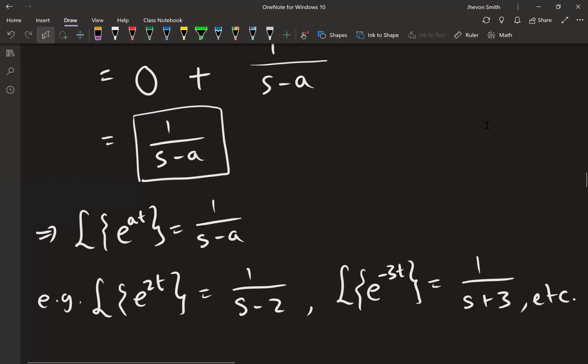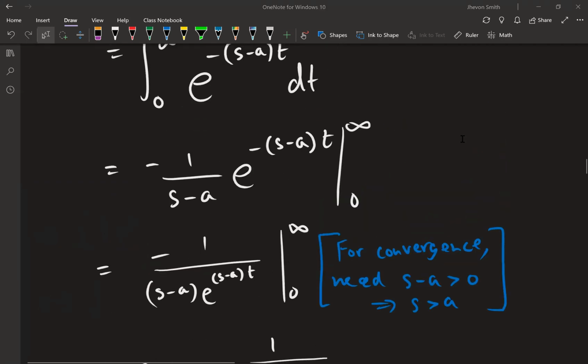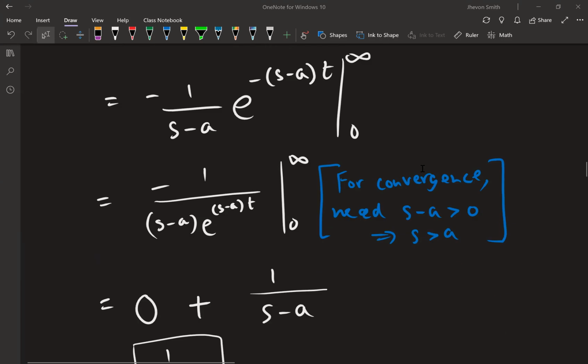I want s minus a to be strictly positive. If it's non-negative, this means I would include the possibility of it being 0, but then I would have to deal with the infinity times 0 scenario in the power of an exponential in the denominator of a fraction.